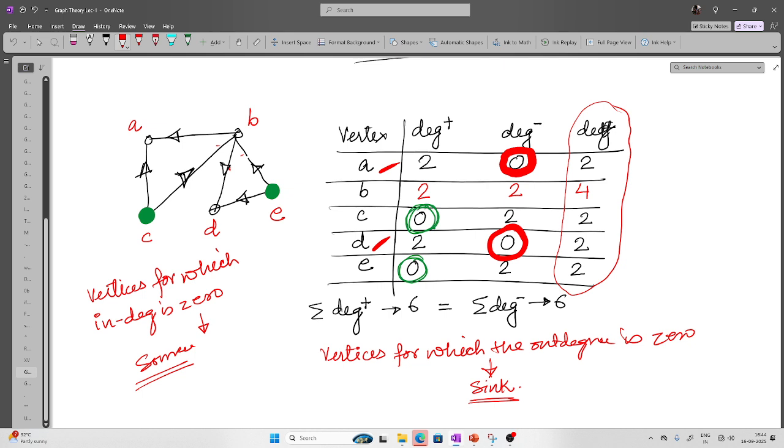But if it is a directed graph, you also have to find out the edges which are coming in and the edges which are going out. That's why the in degree and out degree concept is there.